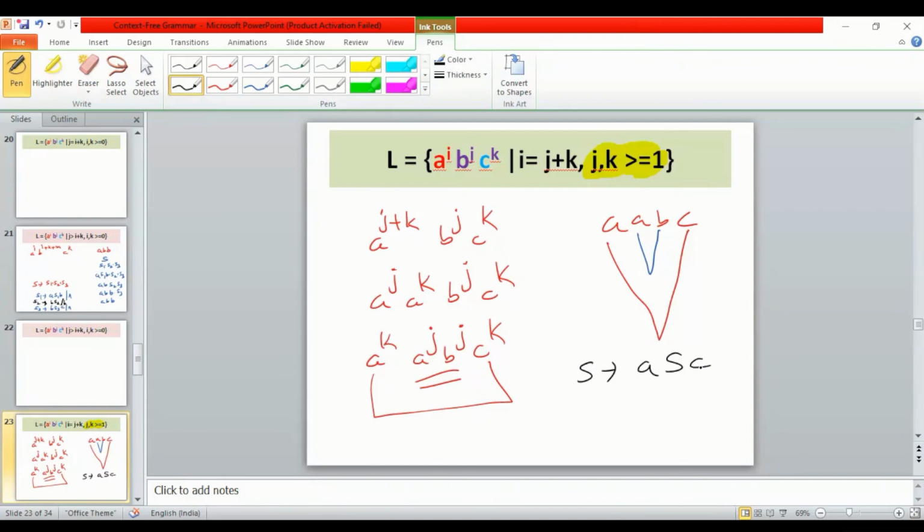A, C, and once I'm done with generating A and C an equal number of times, I have to generate A and B inside it.